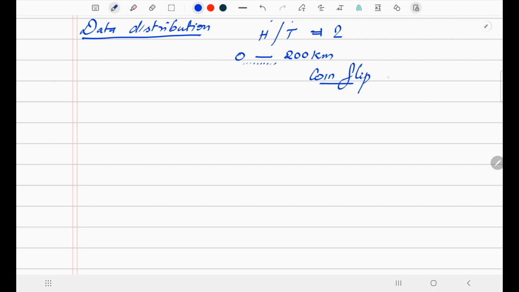I am going to analyze the flip. What is the possible outcome? So I must have the knowledge of what would be the range of data I get. Either head, 0 for head, say 1 for tail.